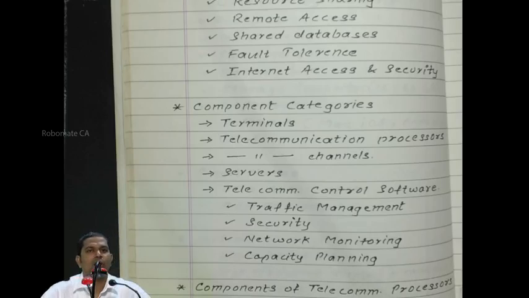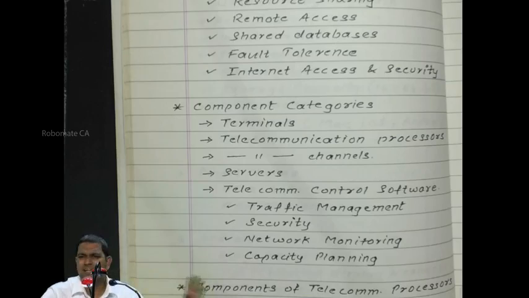See, whenever I talk about a computer system, what are those hardware components that we often see? It's a monitor, a printer, a mouse, then the cabinet, hard disk, processor, motherboard, RAM chip, mic, speaker, webcam.